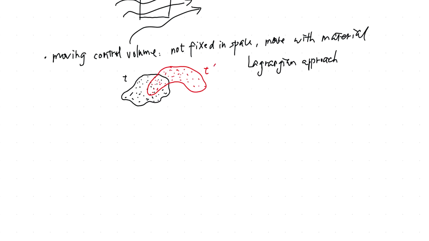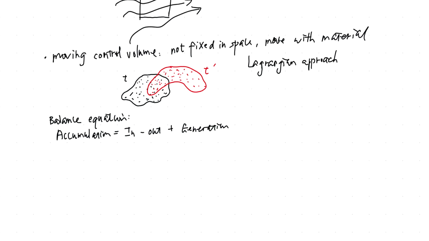We have the balance: accumulation equals in minus out plus generation minus consumption.